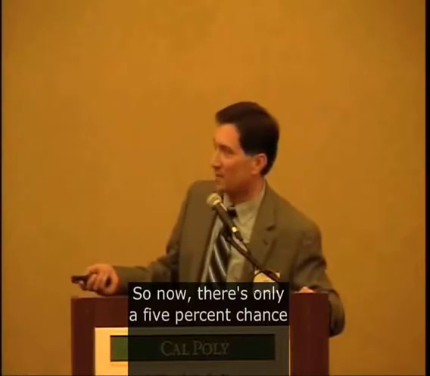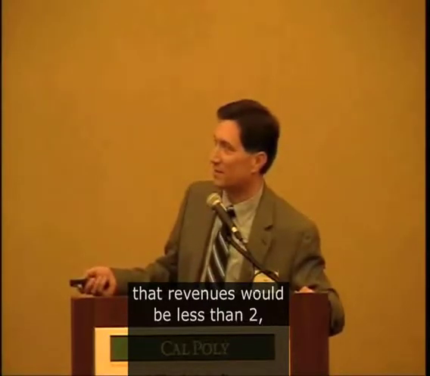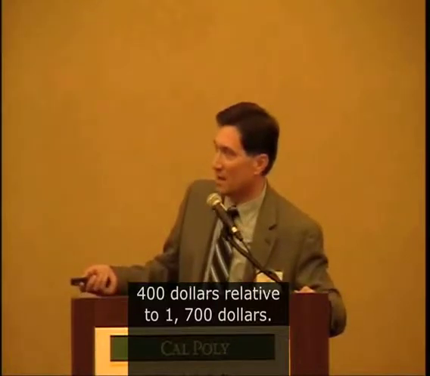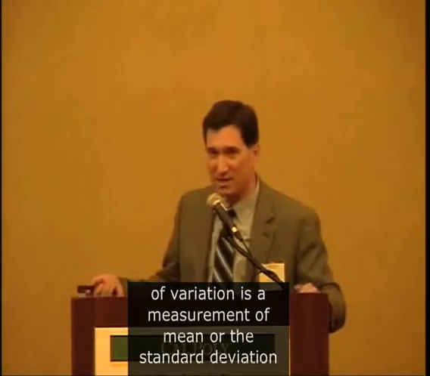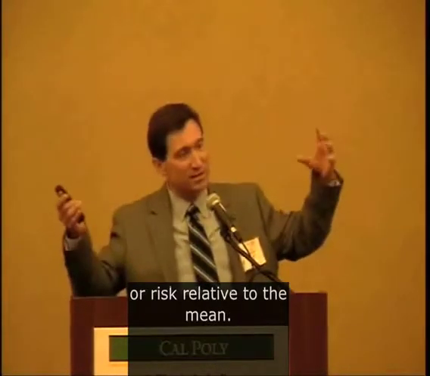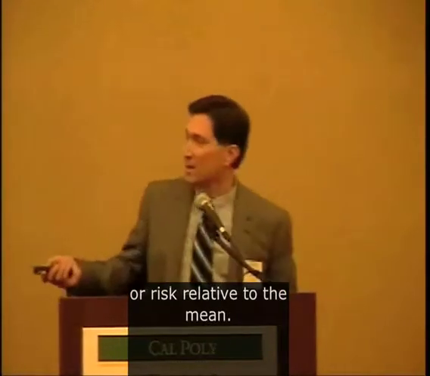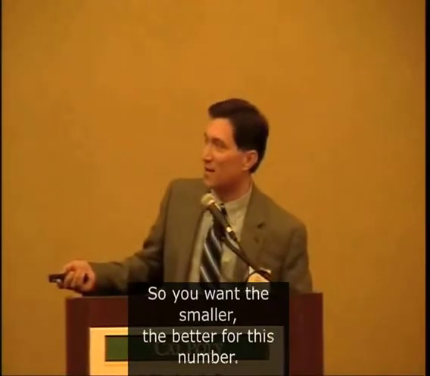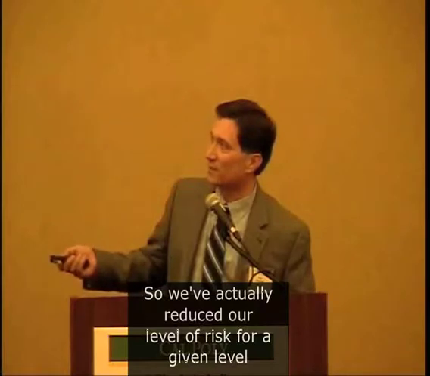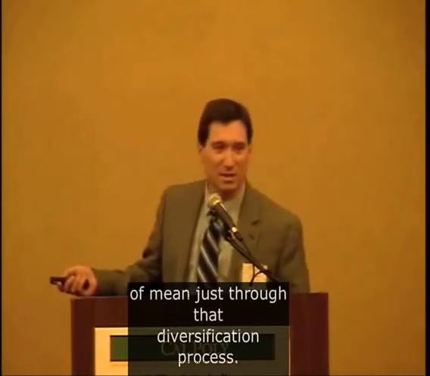So now there's only a 5% chance that revenues would be less than $2,400 relative to $1,700. And then the coefficient of variation is a measurement of the standard deviation, or risk, relative to the mean. So you want the smaller the better for this number. So we've actually reduced our level of risk for a given level of mean just through that diversification process.